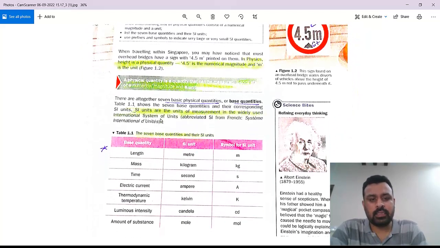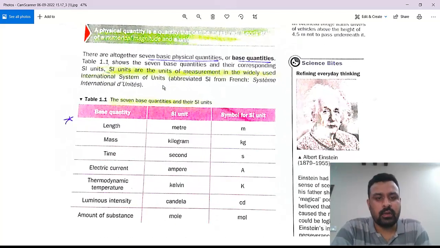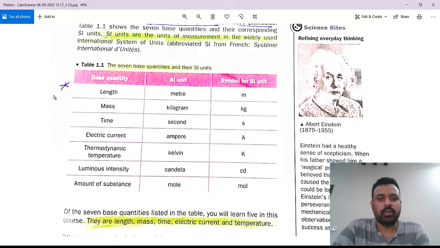So there are 7 base quantities. Physical quantities are categorized in different sub areas: base, derived, or supplementary quantities. Base quantities are 7 standard quantities which are treated as such in the system international, or international system of units. These 7 quantities are length, mass, time, electric current, thermodynamic temperature, luminous intensity, and amount of substance.